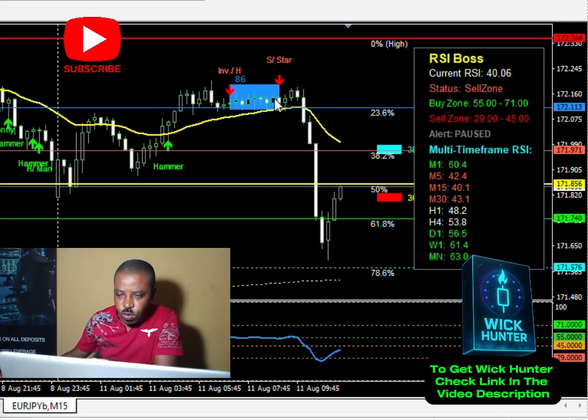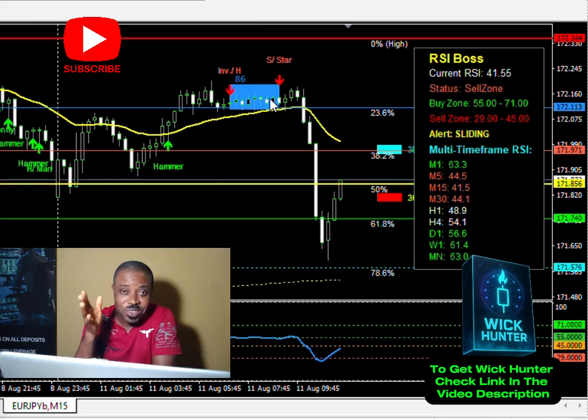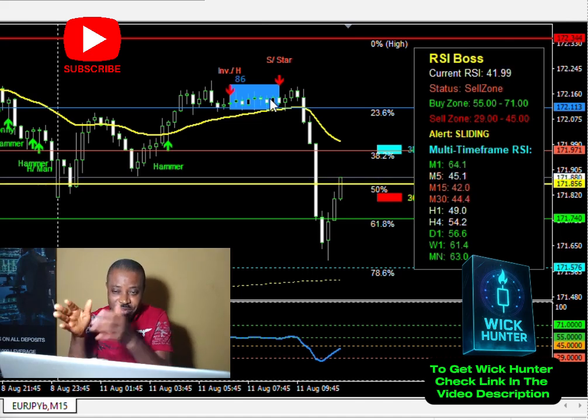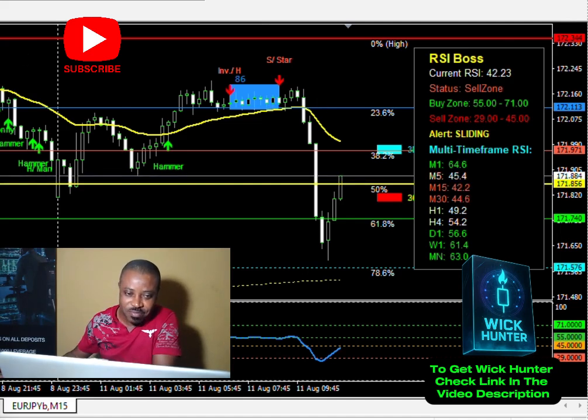So the blue box here is our trading zone. Should I say, not that, our trading time frame, the duration of our trade actually.